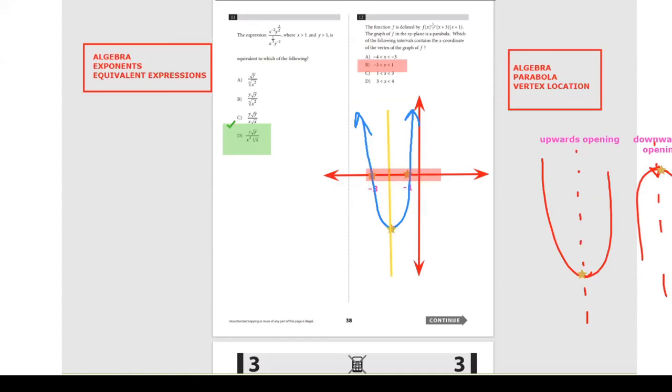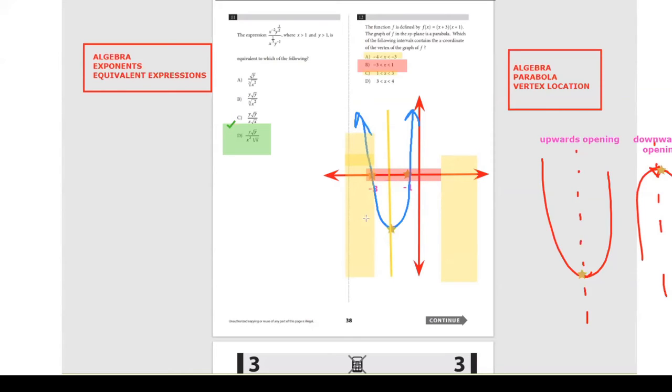That's the only interval that contains the vertex. If I draw in yellow, between -4 and -3, that's this interval. So that's not correct. Between 1 and 3, that would mean that the vertex is somewhere here, in this rectangle.